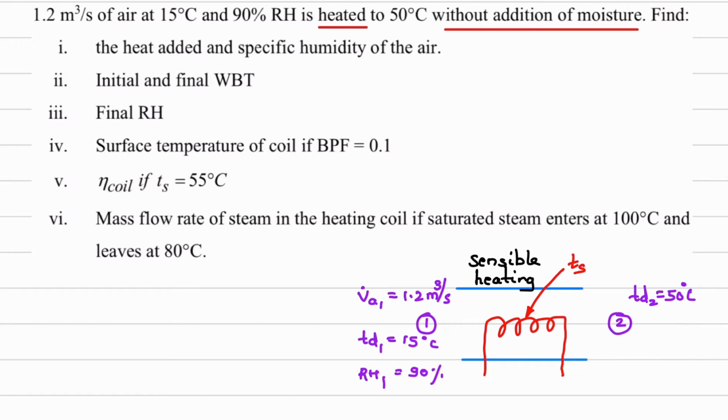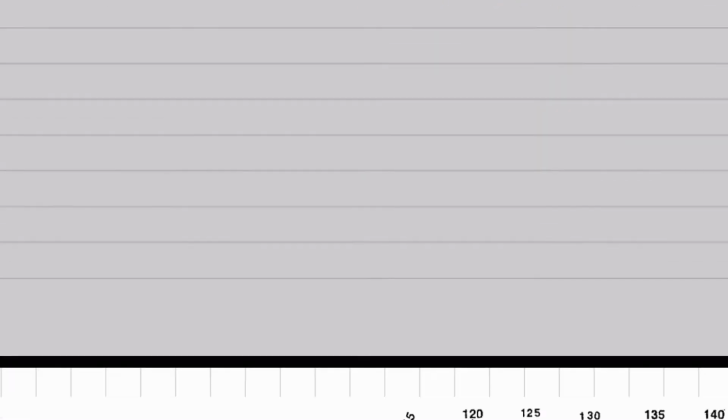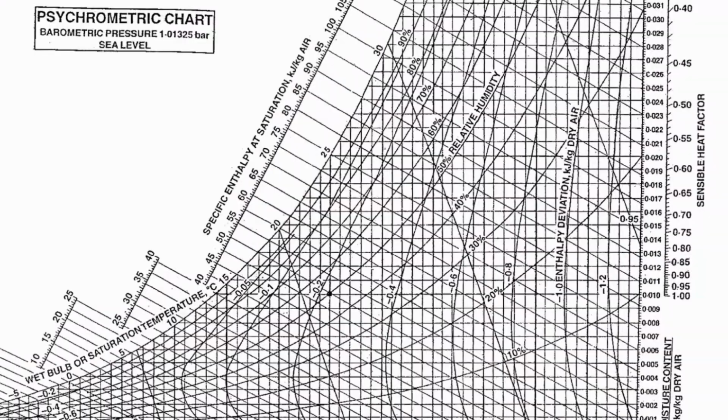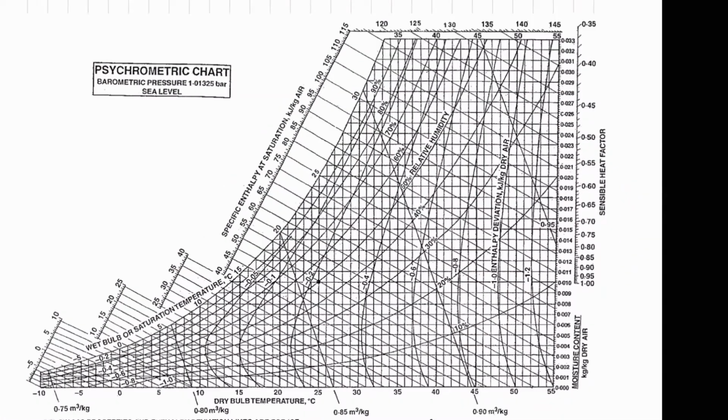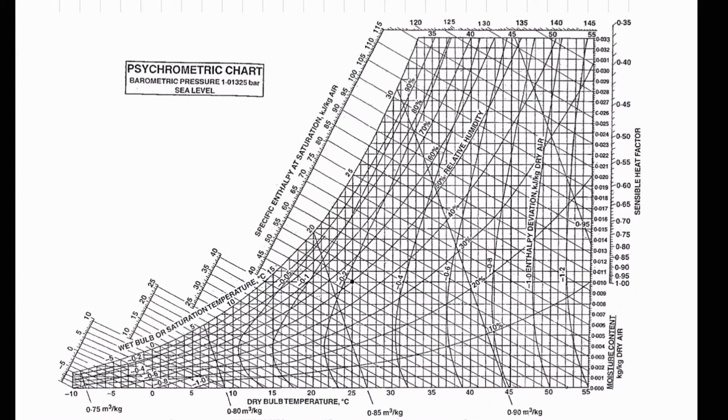So we'll go to the psychrometric chart, remembering these values at inlet and this value at outlet. I'll explain how to plot this. Now observe this psychrometric chart. On the X-axis we have dry bulb temperature. These curves are relative humidity. It starts with 10% and reaches 100% RH at this curve.